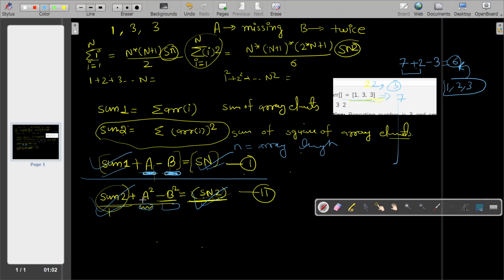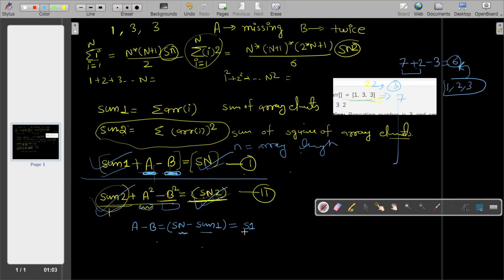Okay, so let me explain how I am solving this. This is known. For coding purposes, I am writing S1, because you know this.